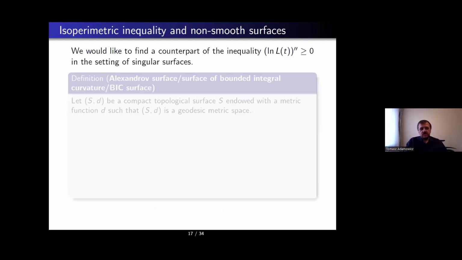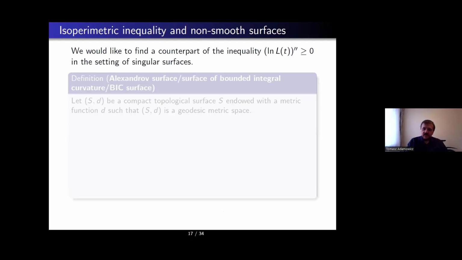So this is everything I wanted to say about the smooth case. But one also considers non-smooth surfaces, and then it's tempting to pose the question if one can consider the counterpart of the isoperimetric inequality on singular surfaces.